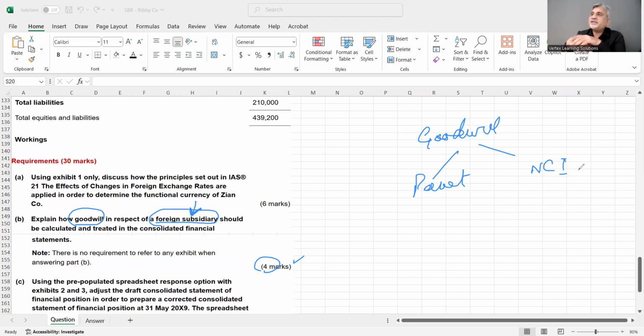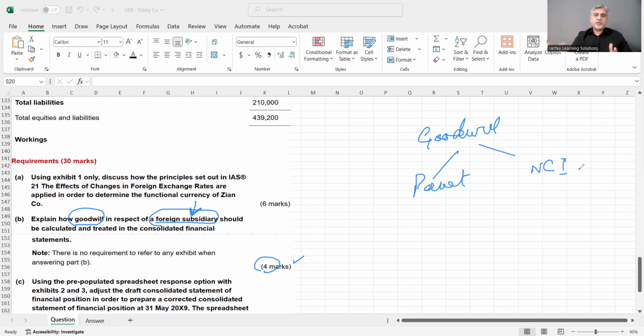So if the NCI is measured at fair value, NCI has its portion of ownership in goodwill, and therefore any gains and losses on translation of goodwill should also be distributed between the parent and the non-controlling interest in proportion to ownership.